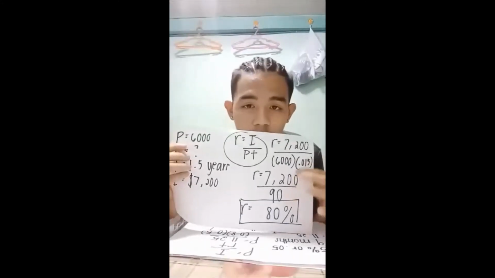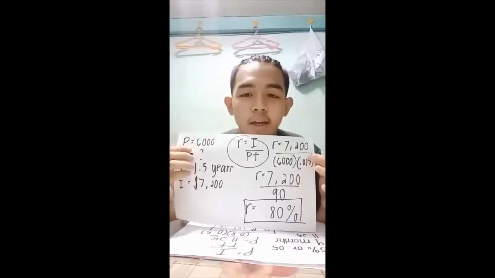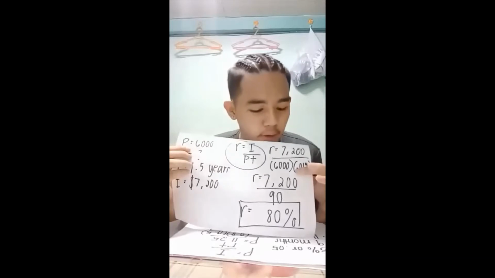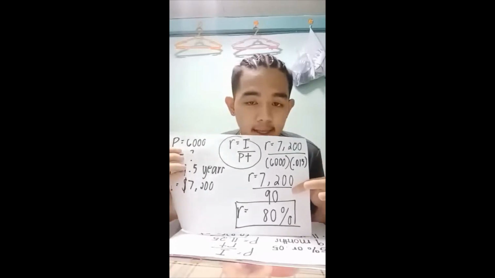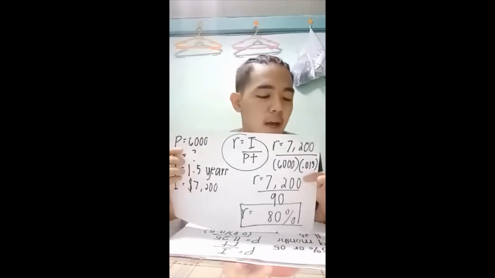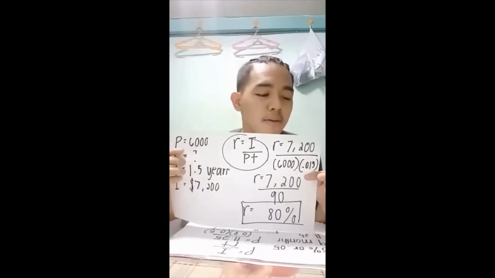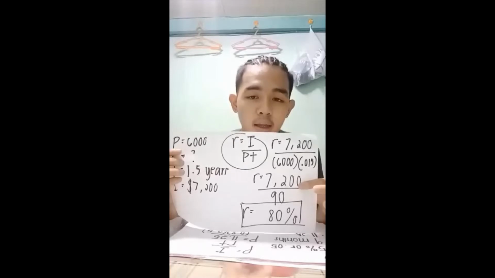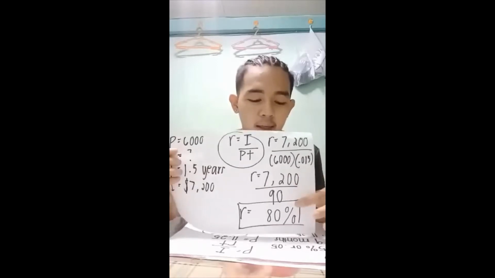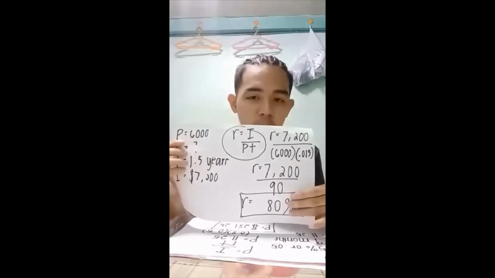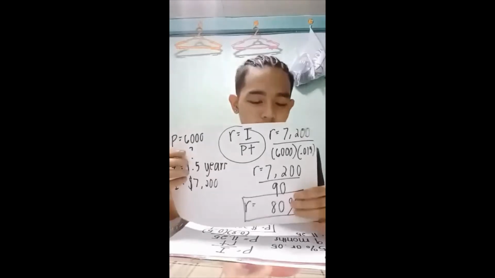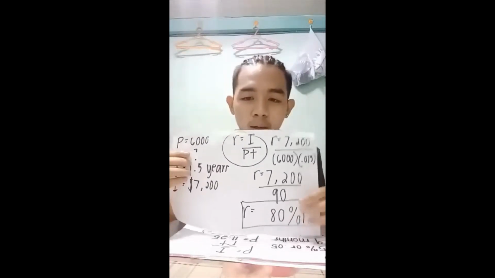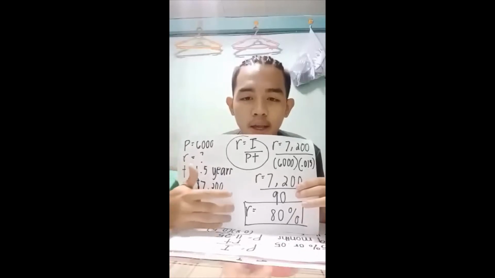If you multiply 6,000 by 1.5, you will get 9,000. Then divide it, you will get 0.8. Never mind the percent, you will just get 80. Then just put the percent sign because you are looking for the rate.